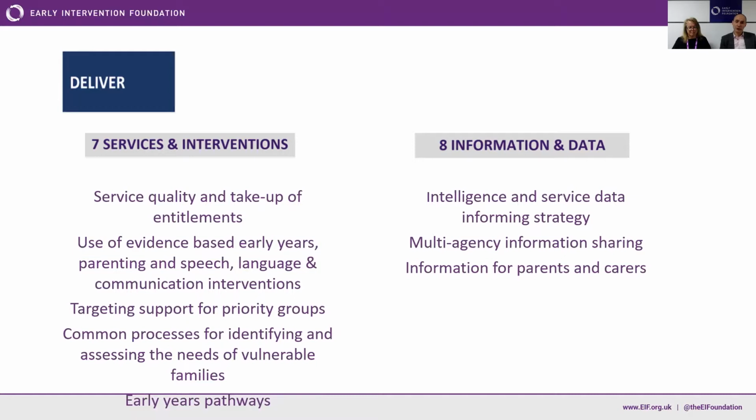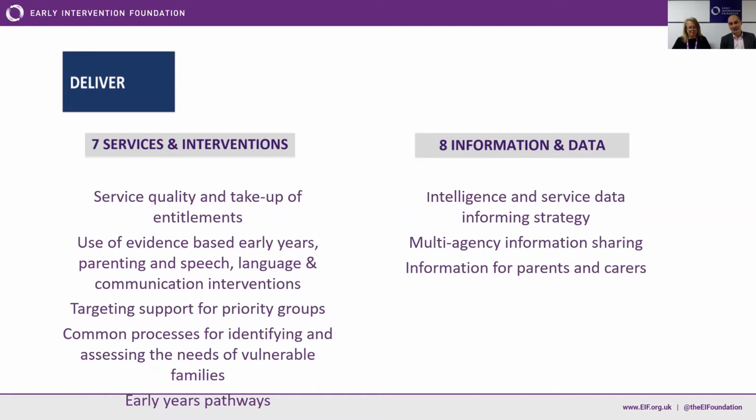The matrix also looks at the quality of information and data, and this is often one of the areas where local areas score themselves as particularly weak on multi-agency sharing of sensitive data. However, the matrix looks more broadly than just at information sharing of personal data. It also looks at how local intelligence of service effectiveness is shared more broadly to inform strategy.